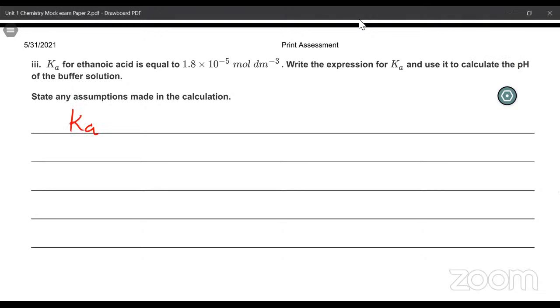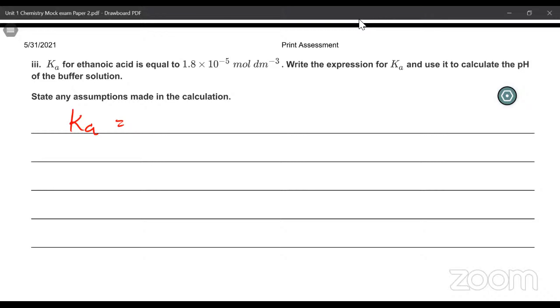Now, Ka is equal to the product of the products divided by the product of the reactants, by multiplying the products and dividing by the multiplied reactants.